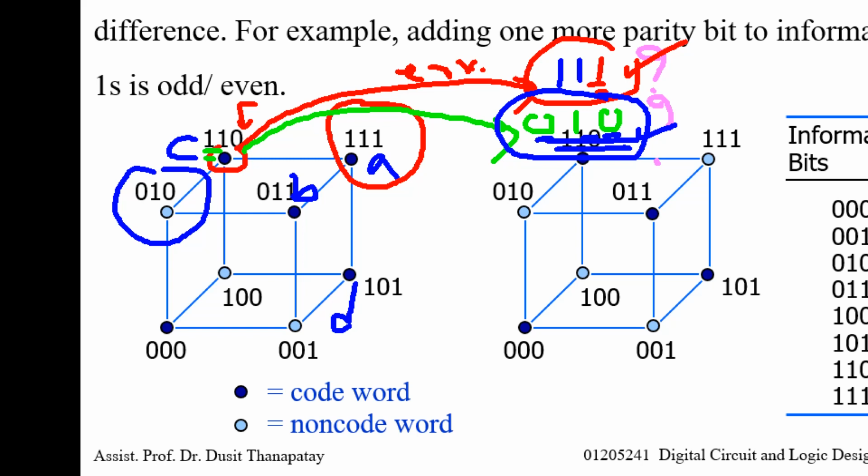That means if I want the system to detect that some error occurred, we must design the system so that if one bit changes, the new code must have no meaning.